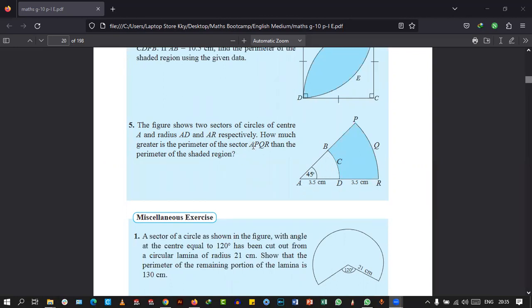And how much greater is the perimeter of the sector APQR than the perimeter of the shaded region BPQRDCB, this region?